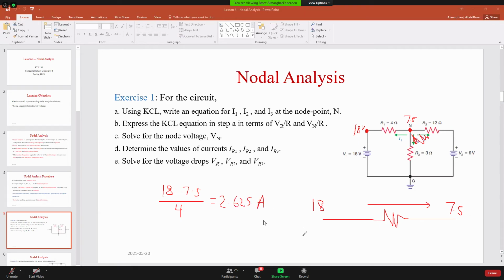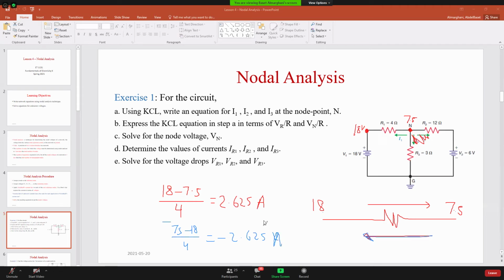Is this okay? If someone says it's gonna go this way, what you're gonna do is voltage here minus voltage here. So you're gonna have 7.5 minus 18, divided by 4. So it's gonna be minus 2.625 ampere.